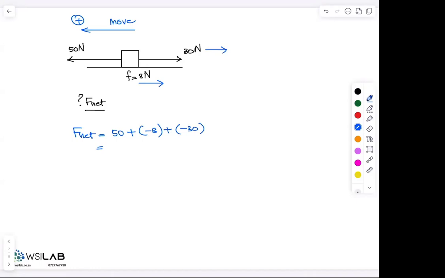And that gives me 12 newtons, doesn't it? Yes, sir. 12 newtons west. Okay, just take note of it. The frictional force is always against the direction of movement.